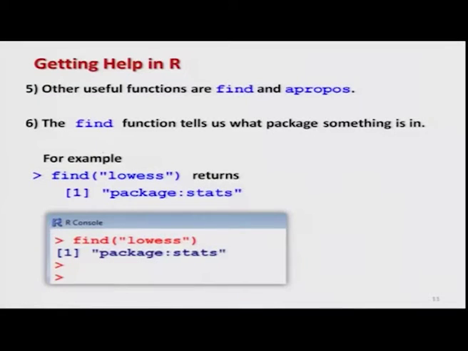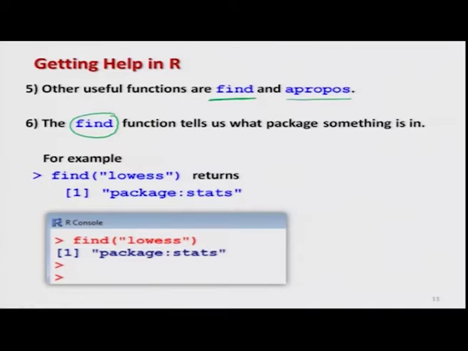Now the next approach to get some help is to use two commands. First is find, and another is apropos. This function find tells us what is there inside the package.